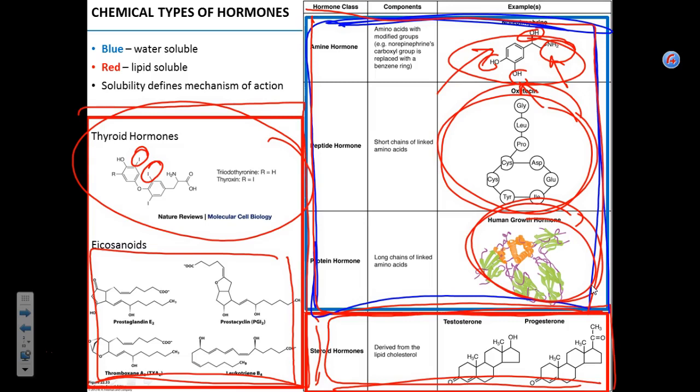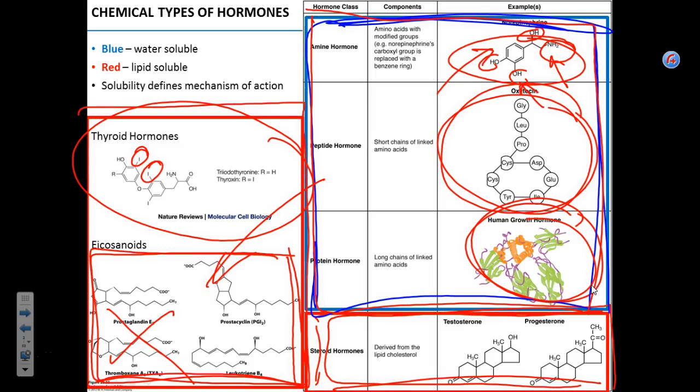These molecules, we don't really talk about them, maybe we should. They are main mediators of inflammation and pain. Say you take aspirin, you inhibit thromboxane, and that takes away pain and inflammation. But so far we have fat-soluble and water-soluble.